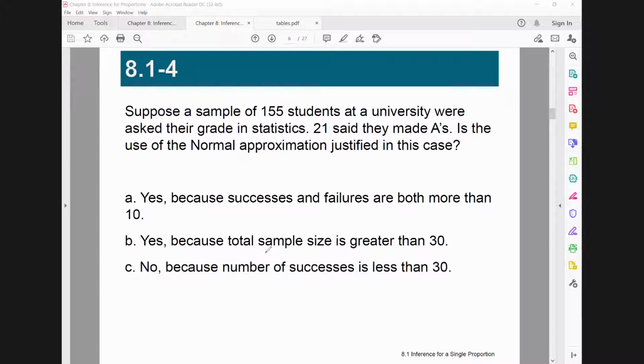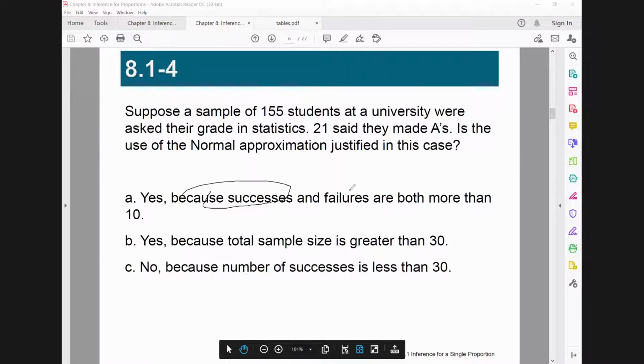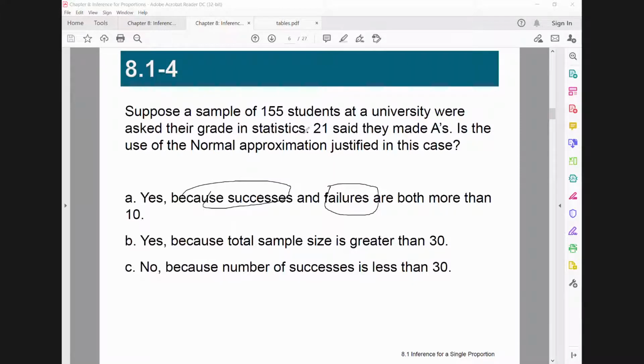Is it because the sample size is more than 30 or less than 30, or what do we have to check? We have to check the number of successes and the number of failures. What are the number of successes and the number of failures? Here the number of successes is 21 and the number of failures is the remaining part.